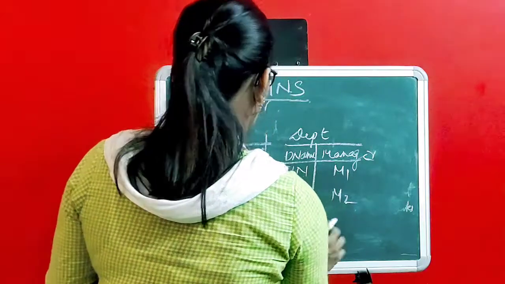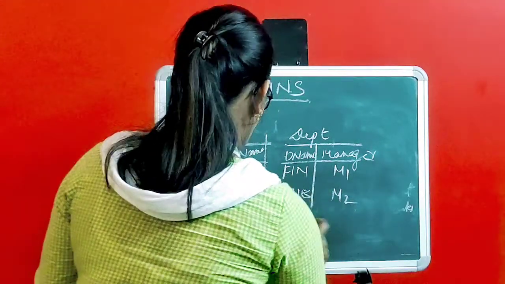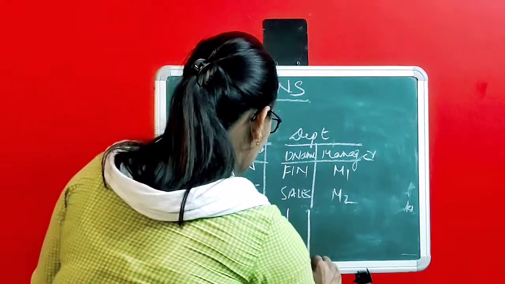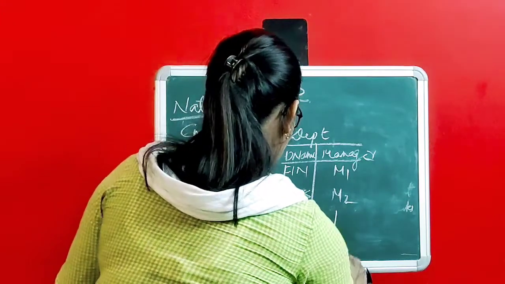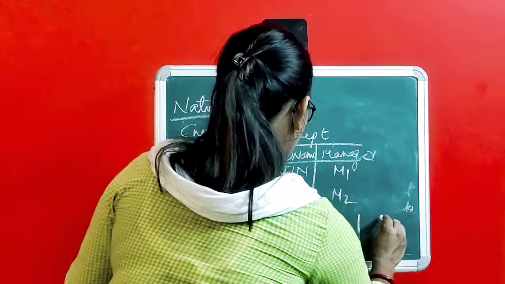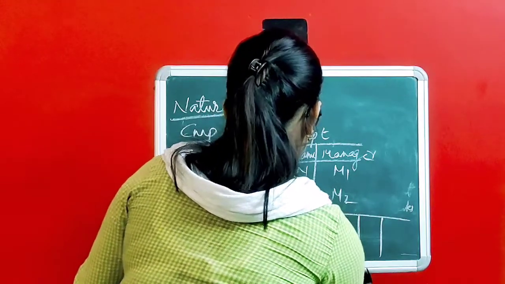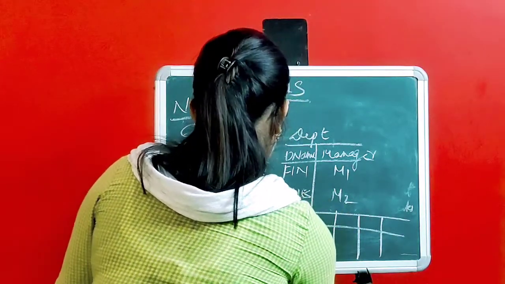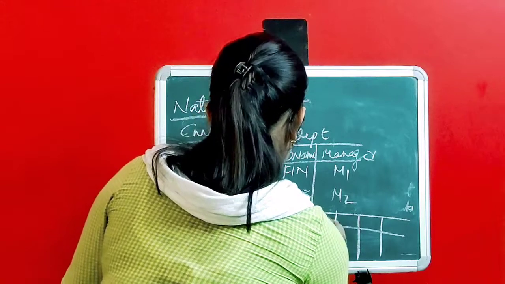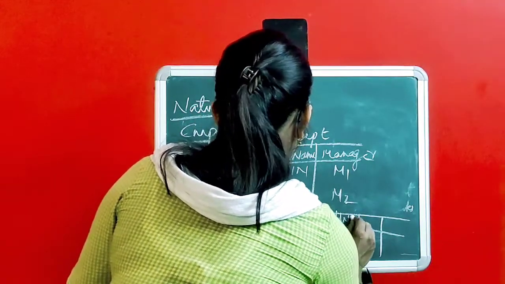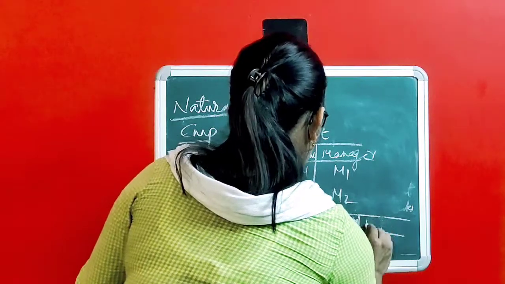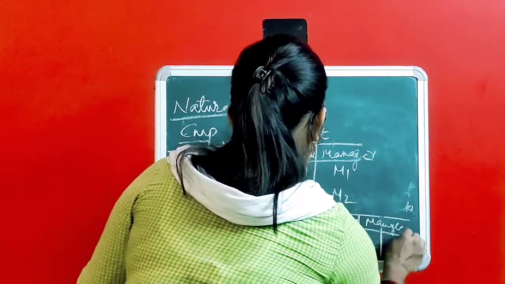The output will be: name, E-name, D-name, then manager.